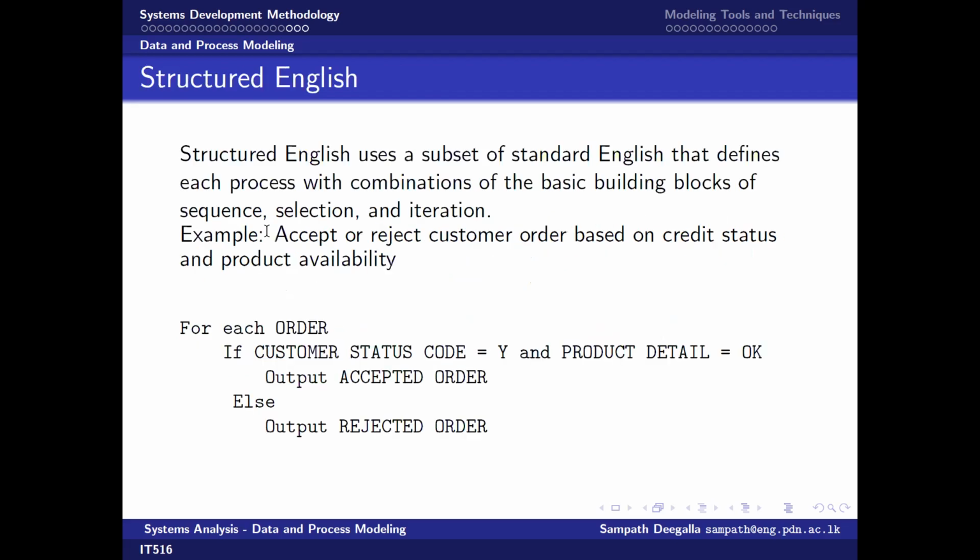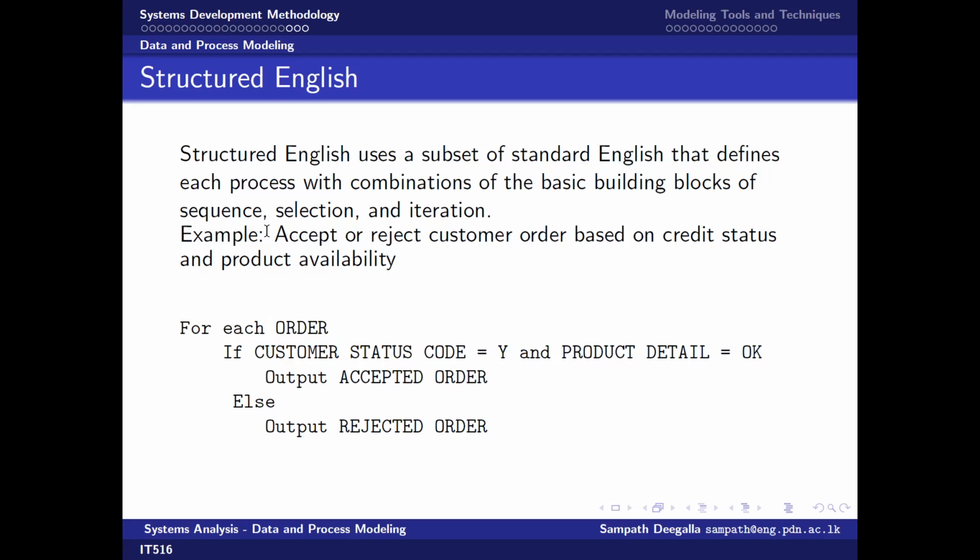Right. Now let's start with structured English. Within the process, if you want to know what the business logic is, let's say we want to decide whether to accept or reject the order. This is based on the credit status and the product availability. If you want to know exactly how you are going to accept or reject the order, structured English can be used to show this. For example, it's something like: for each order, which means it will be a loop where you go through each order, and within that you have a selection.